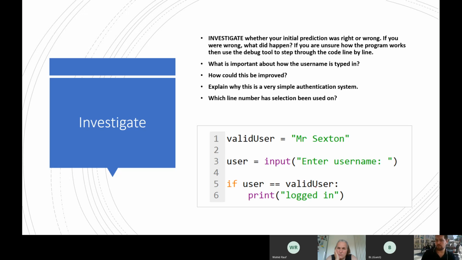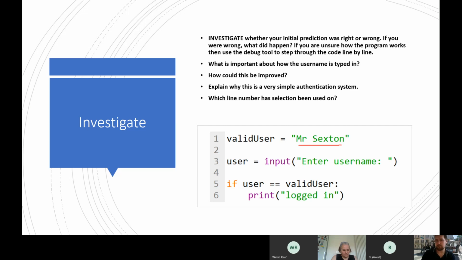And so with this one, I'd be linking it to what we've done beforehand. So thinking about how the username is typed in, what's important about it. We haven't used any kind of validation or sanitization on the input, so I'm looking for the username to be typed in with a capital M and a capital S for it to be accepted.